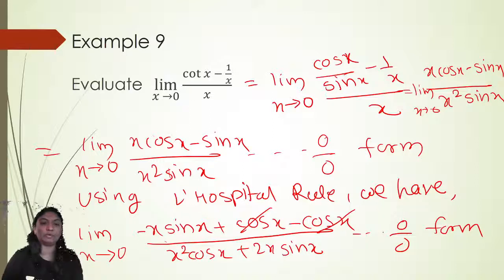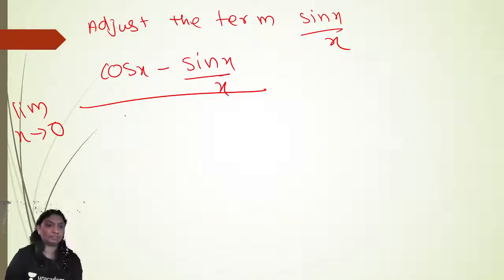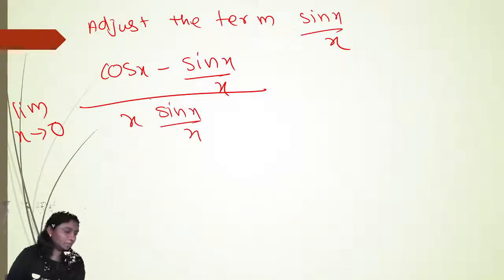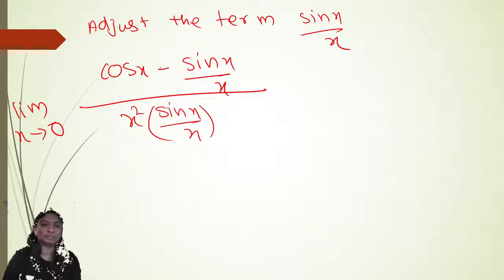So you must adjust the term. Now this x and this x we adjusted already by dividing numerator and denominator by x, and you will get this.